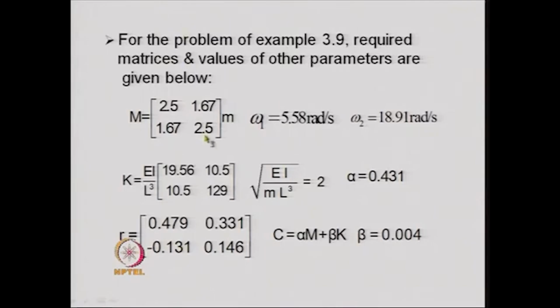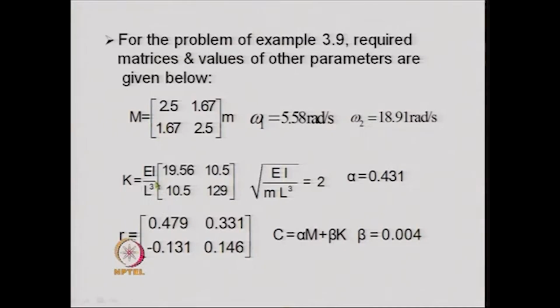We also derived the mass matrix. If you recall, the mass matrix for such systems is not a diagonal mass matrix, but a coupled mass matrix, although we are using the lumped masses at the different degrees of freedom. The derivation of this also was worked out before. This is the K matrix.